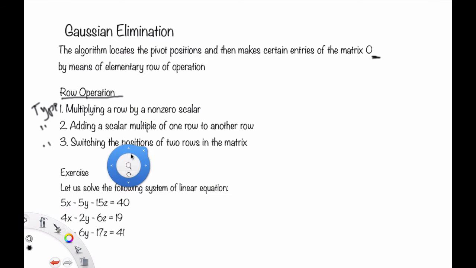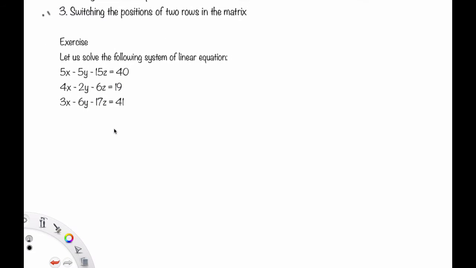To help us understand this better, I give you an exercise, and by using it we can understand how to make the augmented matrix and solve it using Gaussian elimination. The first step is to change this system of linear equations into the augmented matrix.